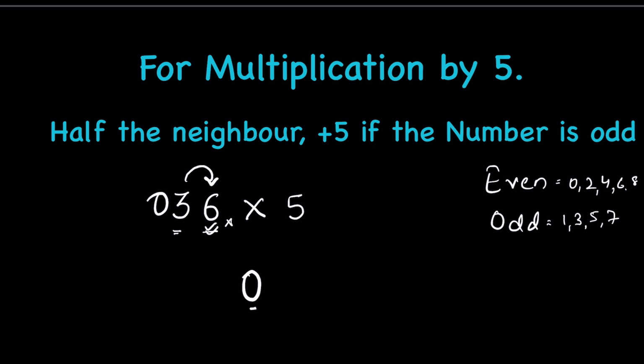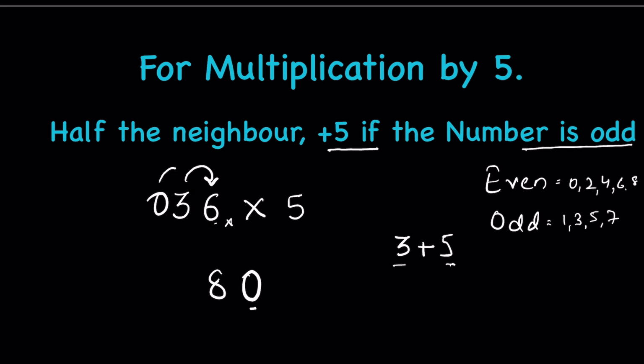Half of 6 is 3. And since 3 is an odd number, we add 5 to it, because we have to add 5 if the number is odd. So we are talking about this number. If this number is odd, then we add 5 to half of this neighbor. So 3 plus 5 is 8. So we write 8 here.